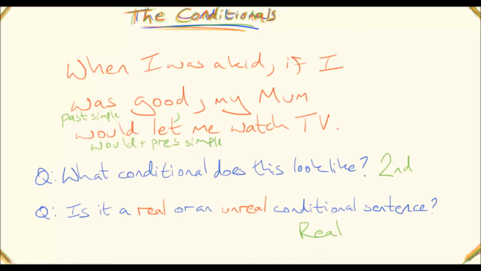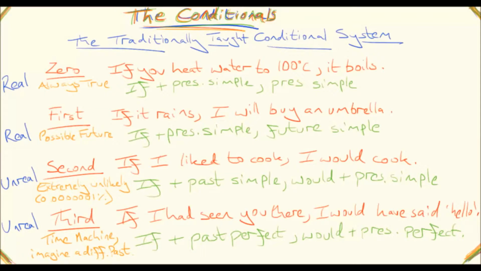And so that's exactly what we're going to do. What I want to encourage you to do is to take this idea of the traditional system and just put a big red line all the way through it. As you continue to look at more complicated or more advanced grammatical ideas within English, this is just not going to help you at all.